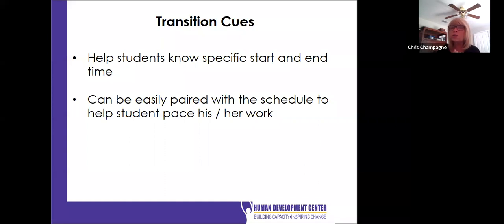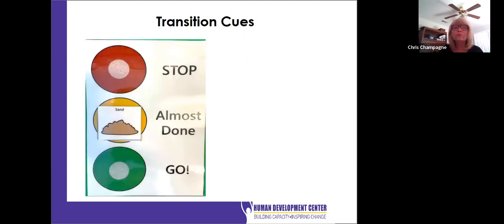Surprise transitions, we don't like them, and neither do our students. And it can sometimes be a trigger for behavior that we don't like to see, right? So the idea of a transition cue is to give them some heads up that it's almost time to move to something else.